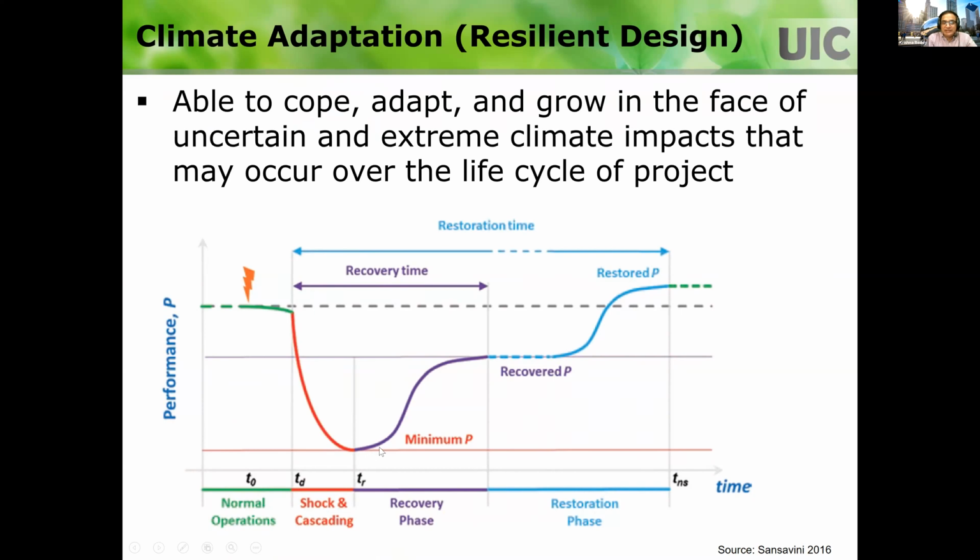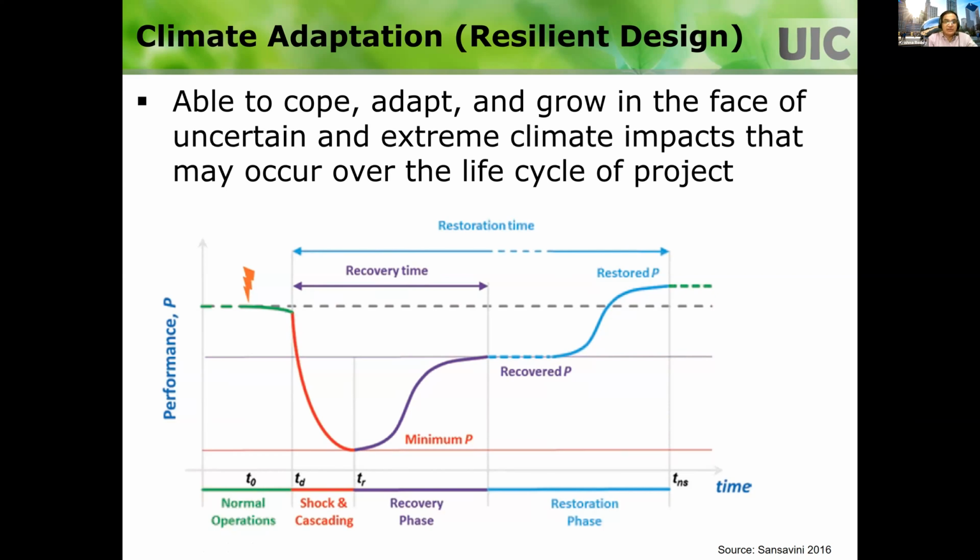It will maintain some minimum performance requirement, and after that extreme event recedes, it recovers. And in the ideal situation, you want it to perform the same as before the event, or even better.